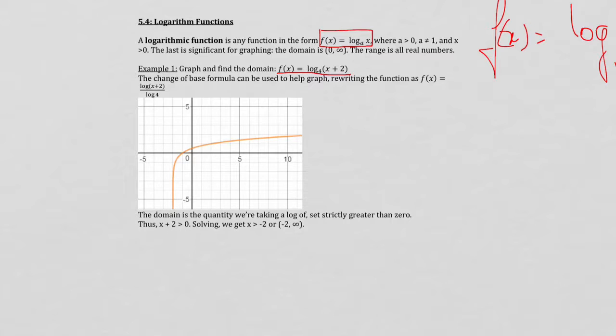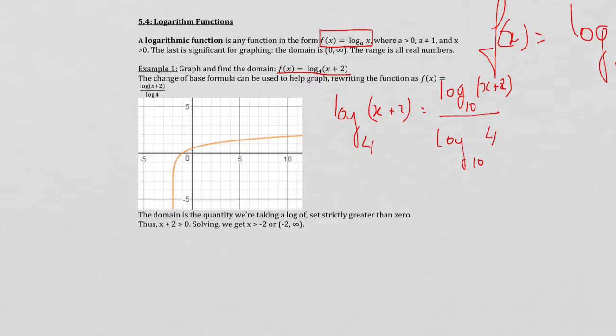So if I'm looking at the change of base formula, one of the logarithm properties you have studied in the previous session, the log base 4 of x plus 2 is equal to log base 10 of x plus 2 divided by log base 10 of 4.